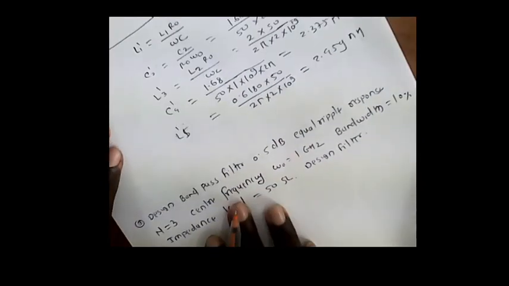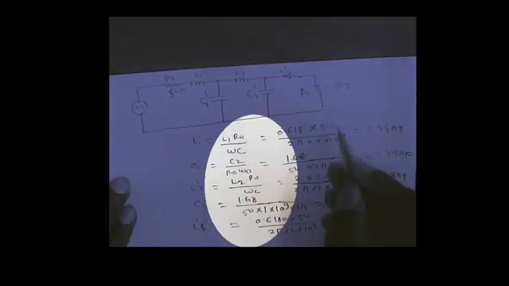After calculation we get 2.459 nanohenry. So these are the values to design a filter for this.